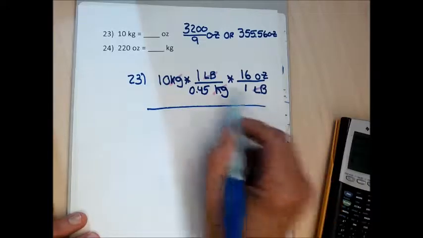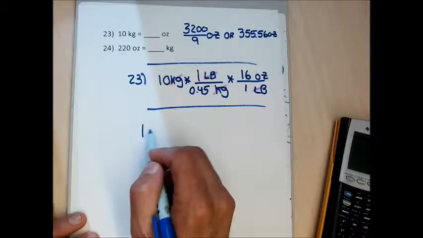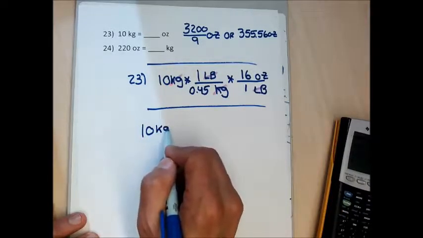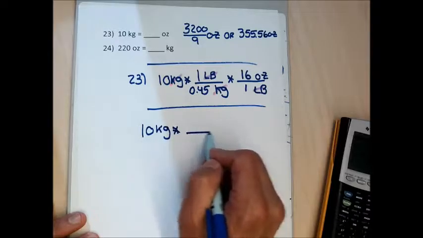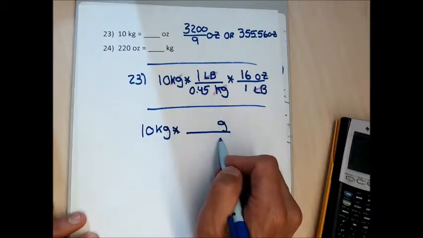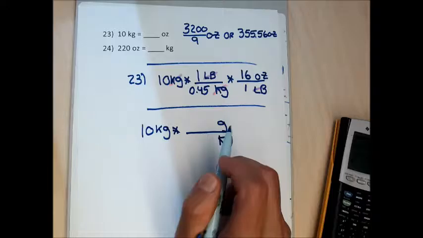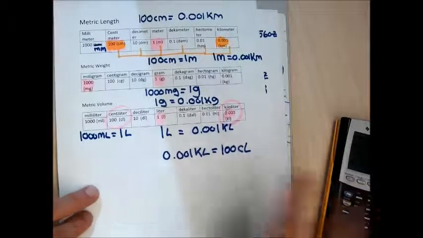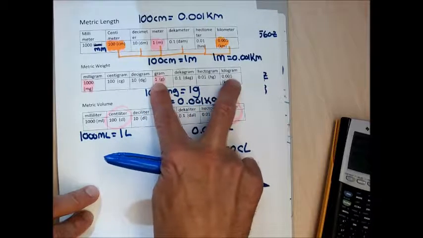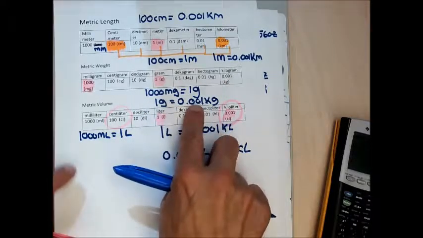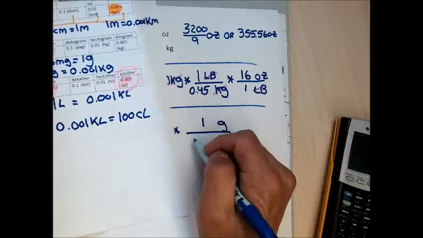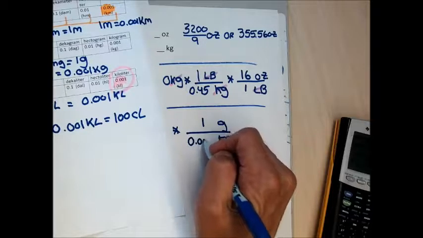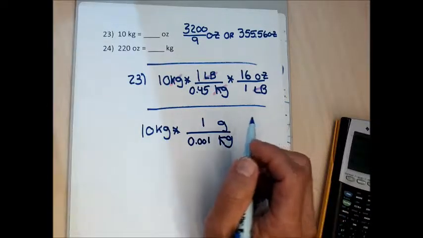The alternate way to do this is to first go from 10 kilograms to grams. To go from 10 kilograms to grams, I'm going to put grams in the numerator, kilograms in the denominator, and the fact that I'm going to use here is that 1 gram is 0.001 kilograms.